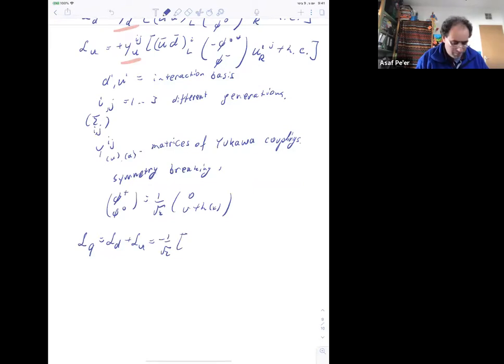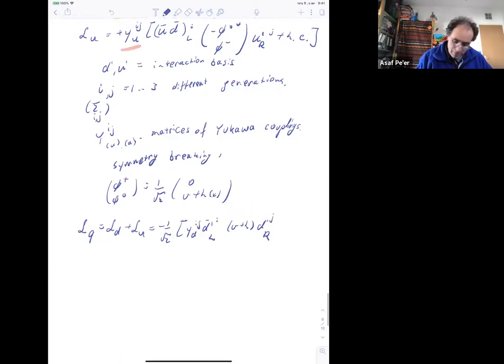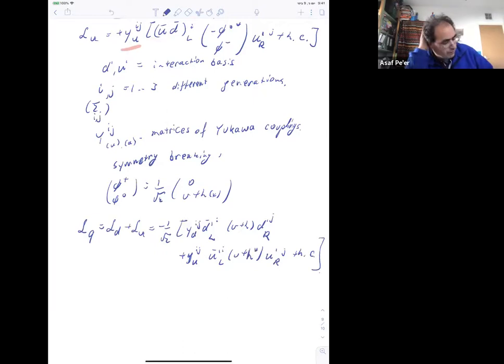Now it's going to be a bit more complicated, but there's nothing much, just some ugly algebra. Y down ij d prime bar I L v plus h d prime j r plus y up ij u prime bar I L v plus h star u prime r j plus Hermitian conjugate of all that.